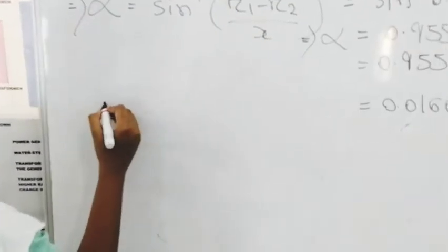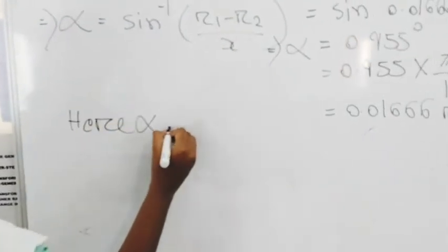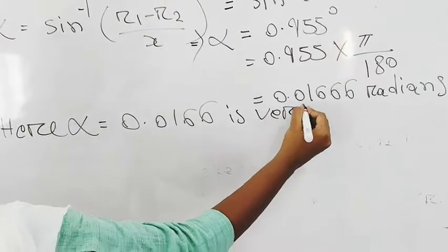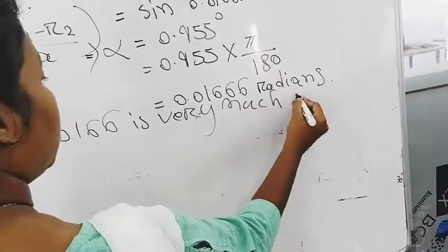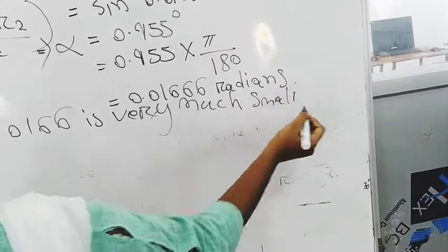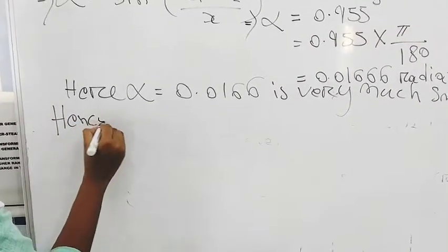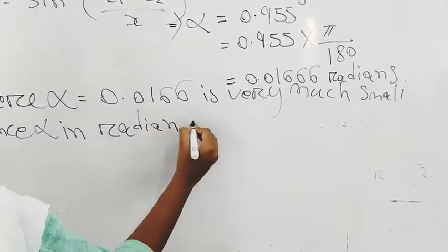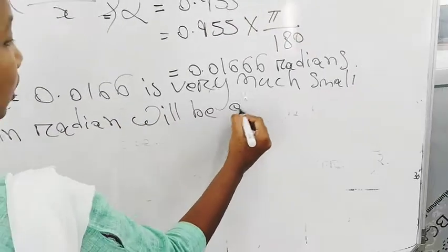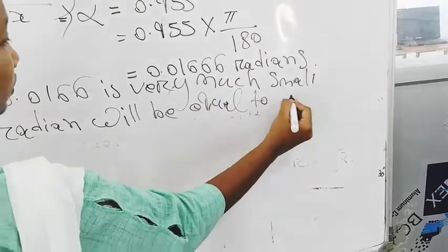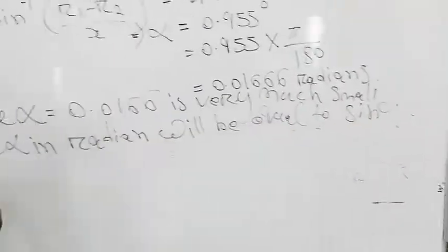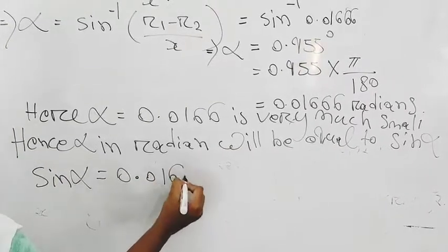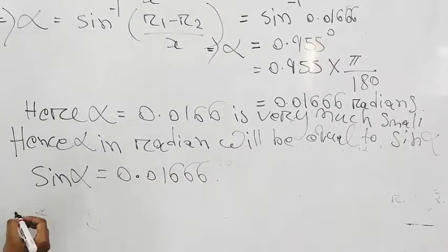So here alpha, 0.0166, is very small, hence alpha in radians will be equal to sin alpha, which is 0.01.